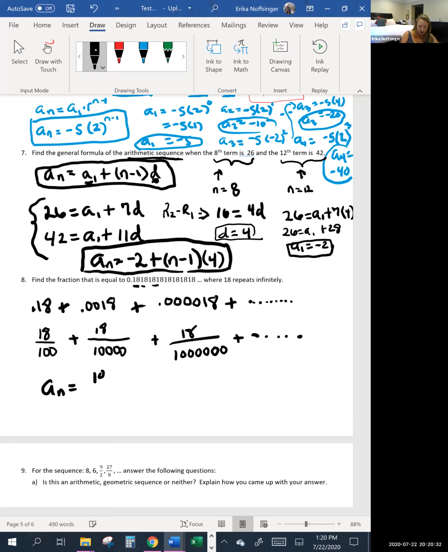We need to figure out what is going on with our denominator. Notice this is 100, this is like 10 squared, this is 10 to the 4th, this is 10 to the 6th. So our denominator, we can think of this as 10 raised to the 2nth power.